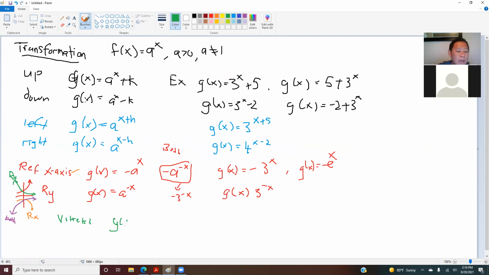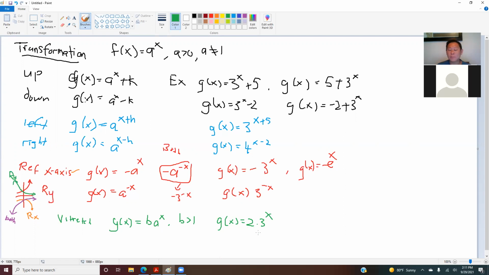What happens is that you get a number, let's say a times b^x. That means you multiply this with this number, but this number has to be greater than 1. For example, in this case, 2 times 3^x. The 2 in front here is what we call a vertical stretch. That means that all your y values are doubled.